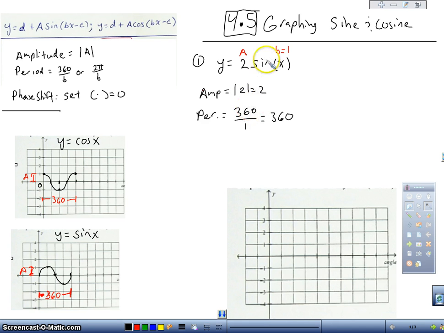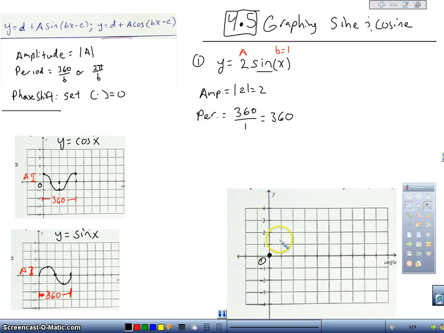So I am graphing sine x. And so sine x is this graph here that looks like one mountain followed by one valley. So it starts at the origin. Sine starts at the origin, and that's at 0 degrees.